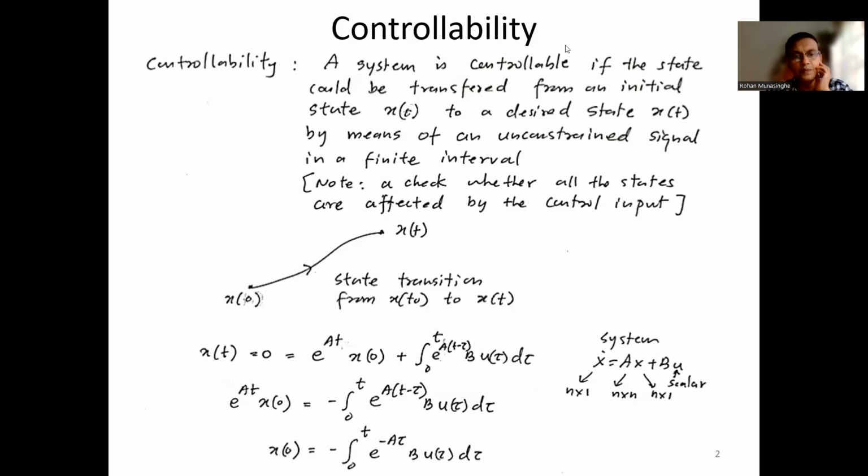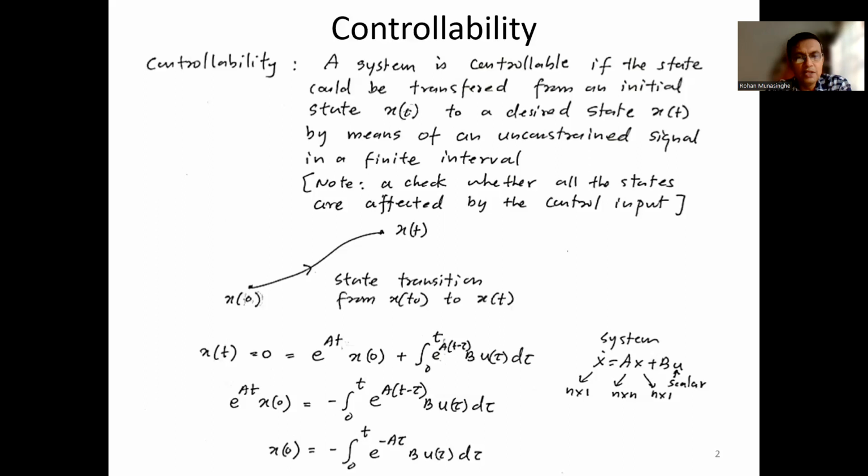So I have illustrated the state transition from x0 to xt. Now you know this state transition. We have worked it out earlier, so you should be in a much more favorable mindset to understand controllability and observability.